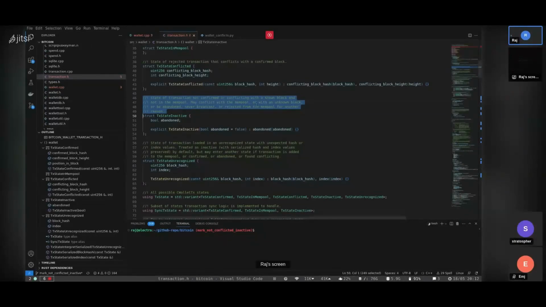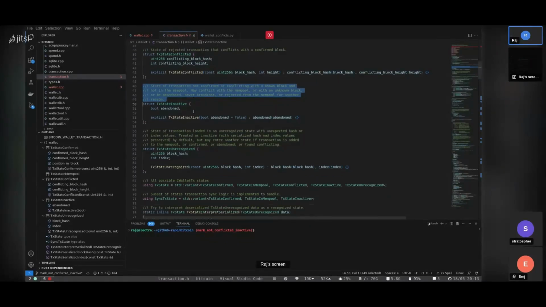It may conflict with something in the mempool or with an unknown block, or be abandoned, never broadcast, or rejected from the mempool, or for another reason. So this is the case that encompasses the inactive transaction state. It can optionally be abandoned or not. I think when it's abandoned, the wallet doesn't try to rebroadcast it again.